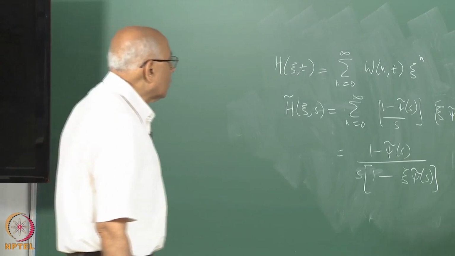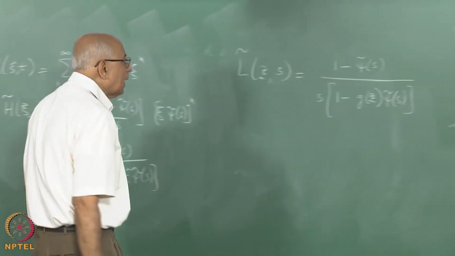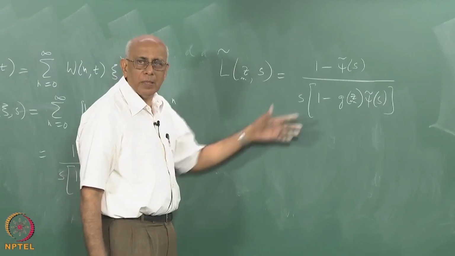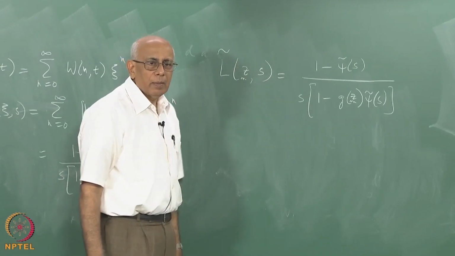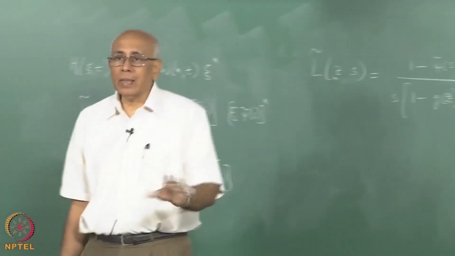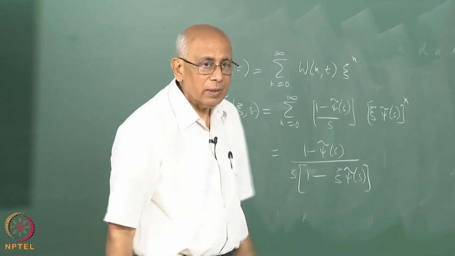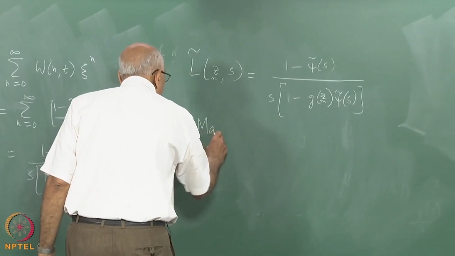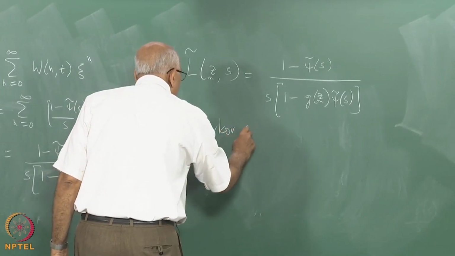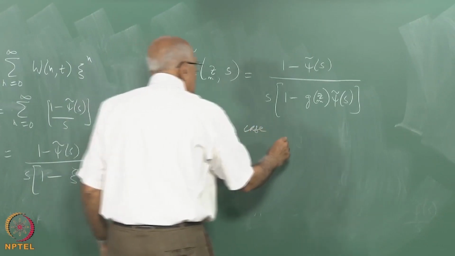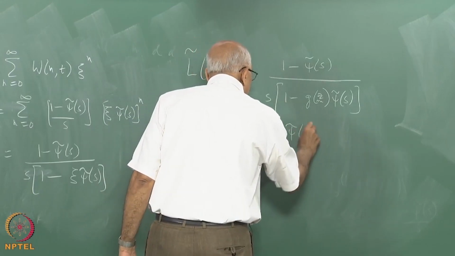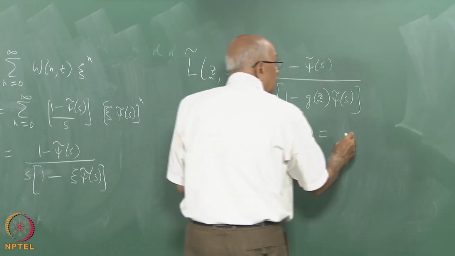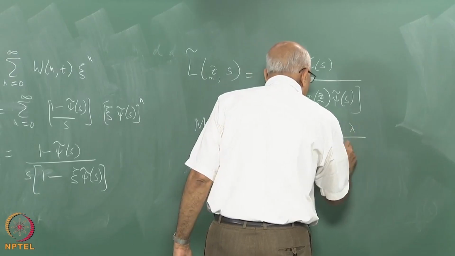What we need to now do is to ask how do we extract information from this. In principle we can solve this once again, but let us first check the Markovian case quickly and see whether this works or not. So again Markov case, psi tilde of s equal to lambda over s plus lambda.